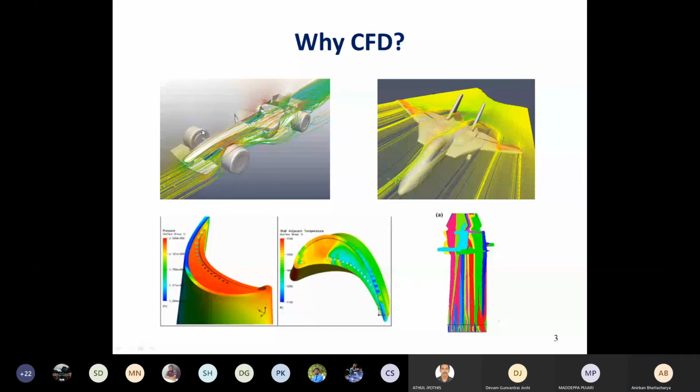Whenever you design a car, you want to reduce the drag so that you can accelerate more with the same power, and you want more downforce so that you get more grip from the tires, so that you can even turn at higher speeds.